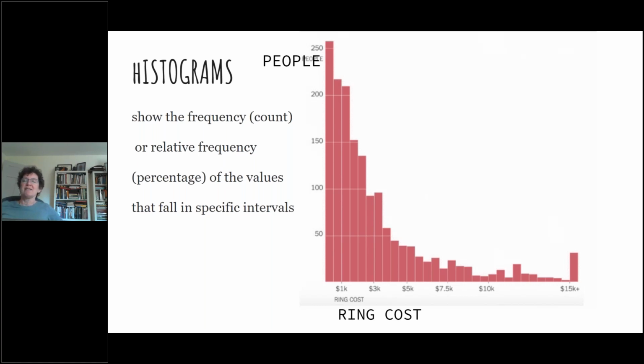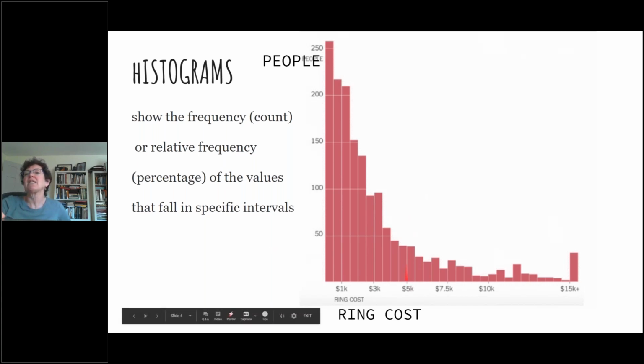We could even say most people spend less than 5,000 or less than 4,000. We could add up and give a percentage. But the visual is very striking: most people spend less than $4,000 on an engagement ring.